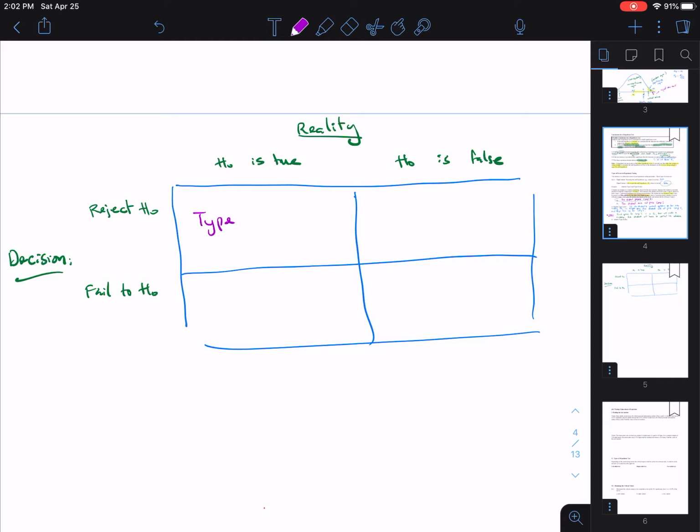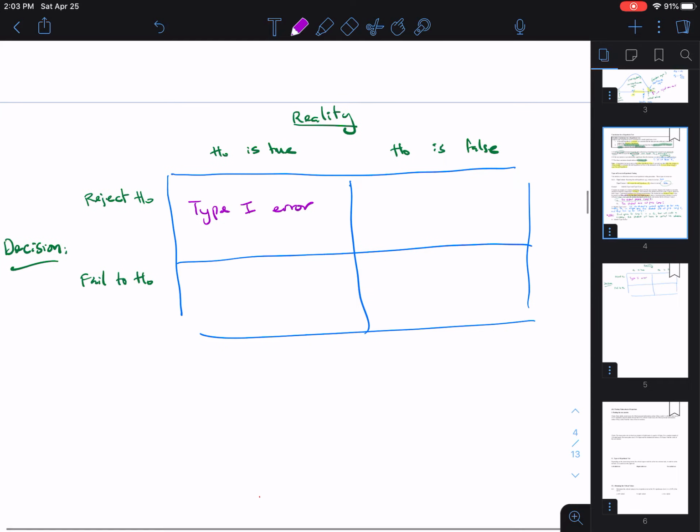This mistake is called a type 1 error. A type 2 error would be when we don't have enough evidence to reject the null hypothesis. We fail to reject the null hypothesis, but it turns out that the null hypothesis is false. So that's a second error, called a type 2 error.